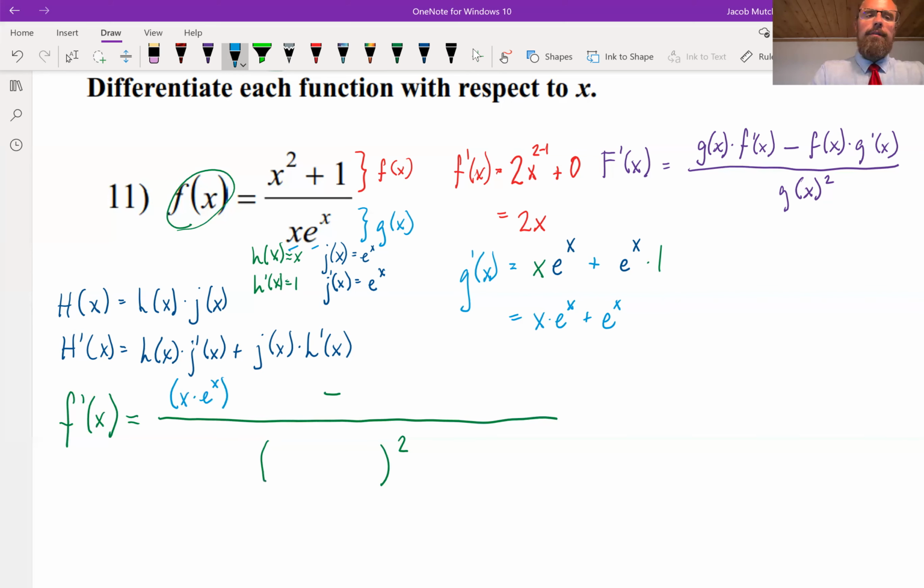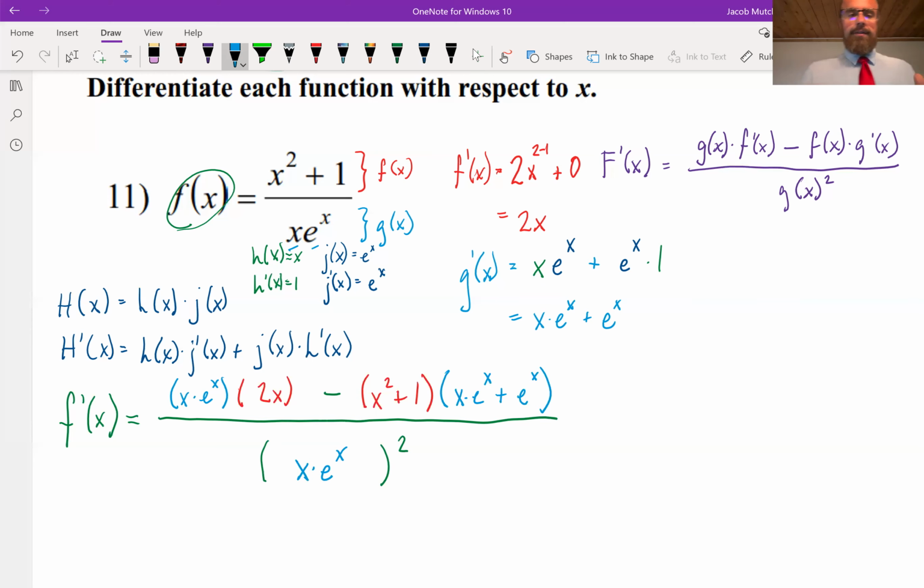And then the derivative of f of x is 2x. The original f of x is going to be x squared plus 1. And then times the derivative of g of x, the one we had to create with the product rule, is x times e to the power of x plus e to the power of x. And that's all over g of x squared, and that's going to be x times e to the power of x, squared.